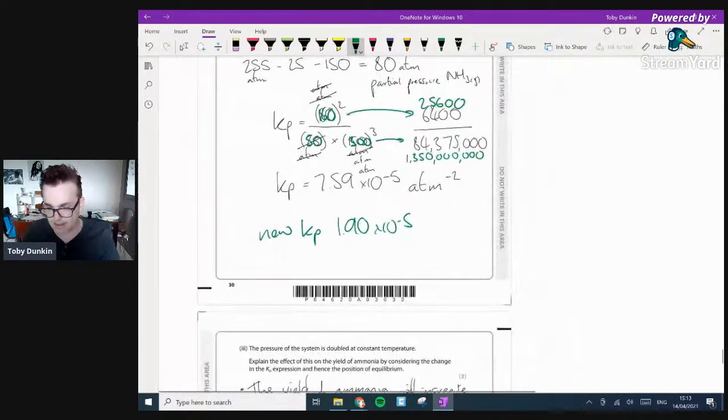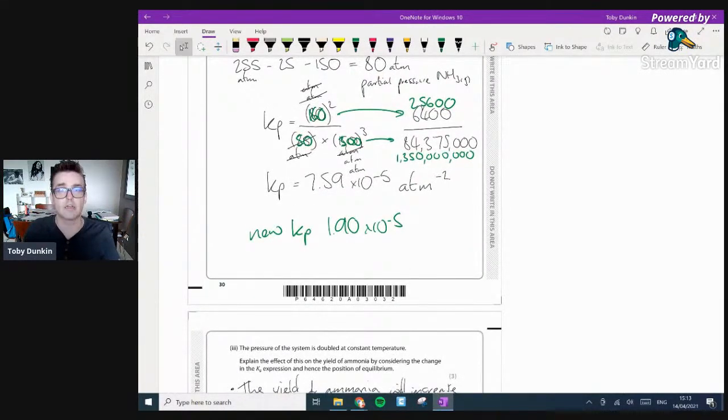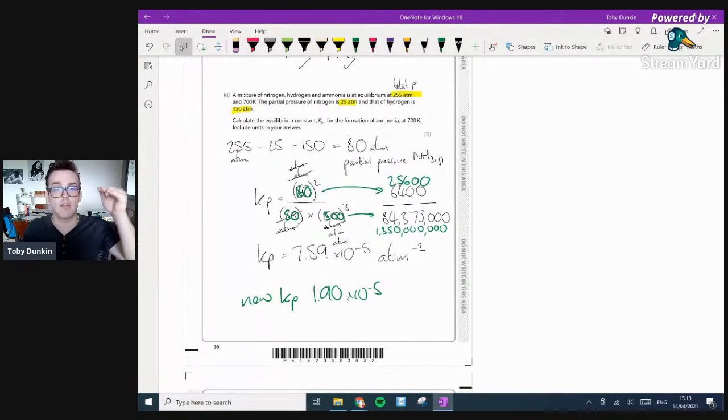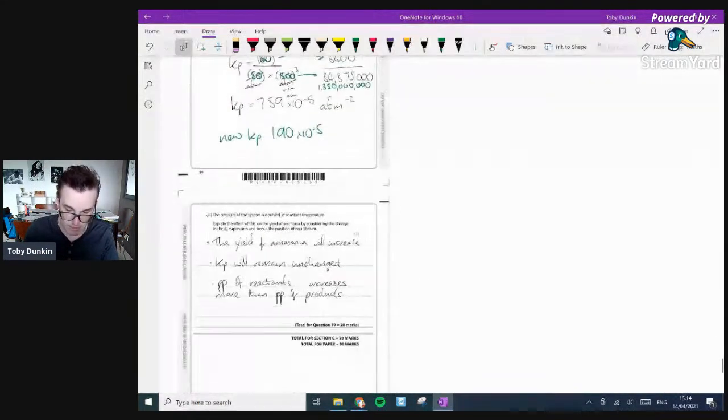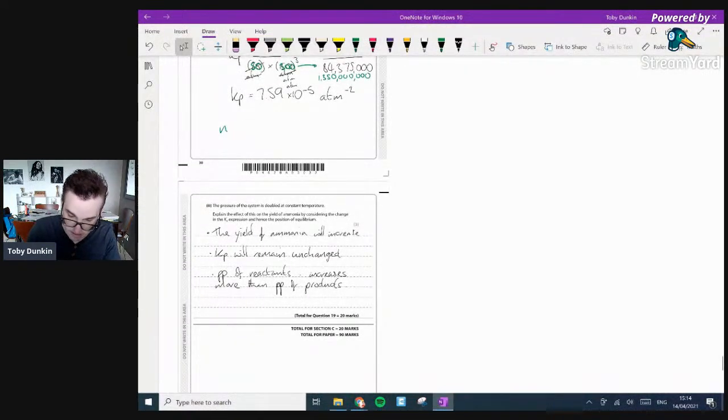Because now the equilibrium is going to shift. The partial pressures of the reactants are now going to drop as the equilibrium adjusts for the increase in pressure. And as it adjusts, the ratio of the two will be returned to normal.